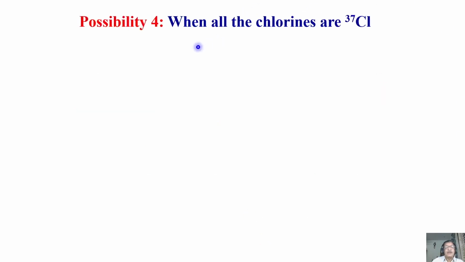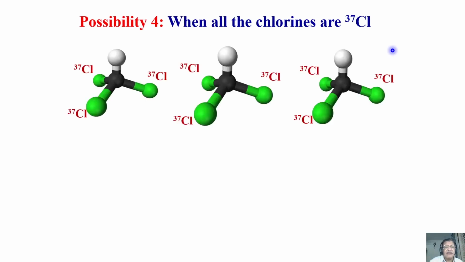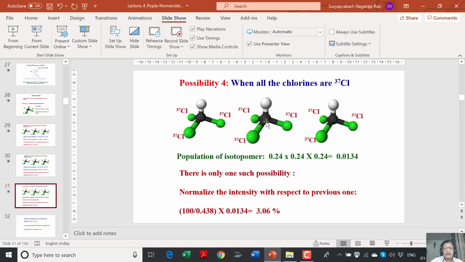Now, what is the last possibility we can think of? When all the chlorines are 37, how many possibilities are there? Only one type of isotope is possible. When all the chlorines are 35, all are the same, and actually there is no need to consider this.